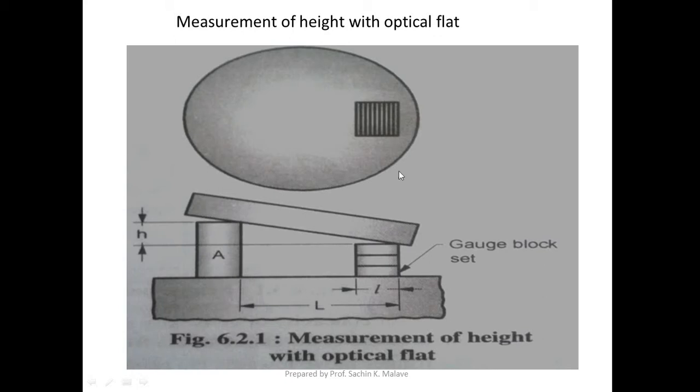So these two triangles which are formed due to the air wedge are similar triangles. So we can easily find out the number of fringes that can be formed because of the air wedge between the optical flat and this particular component whose height is to be measured. Okay, so that can be predicted.